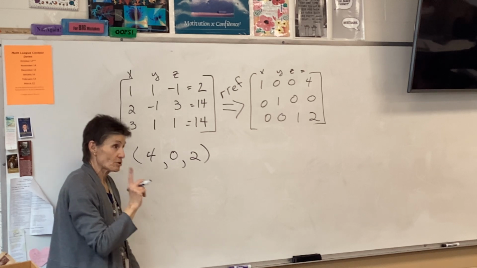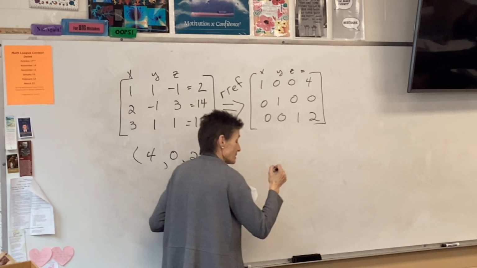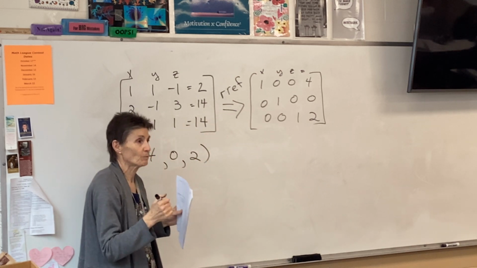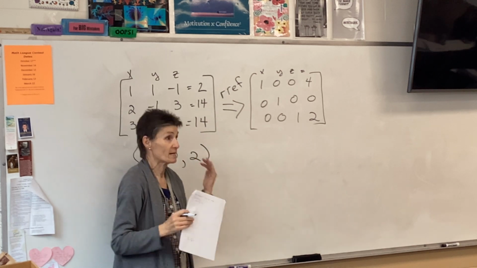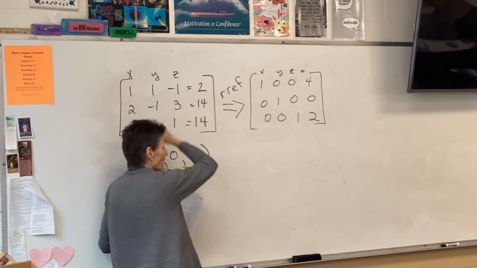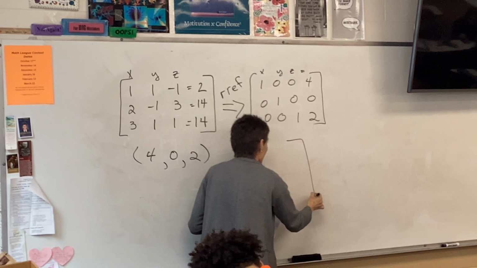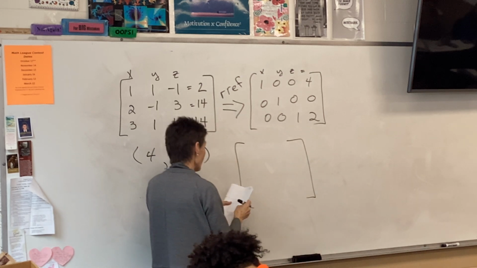All right, so let's try the next one. So, what am I responsible for writing down? Because basically you did nothing except press some buttons. You must write down what I have written down. So, for number 2, we're going to start with the matrix that's going into our calculator.